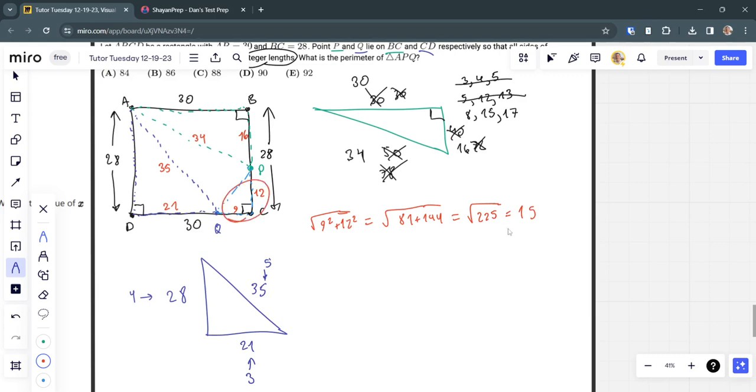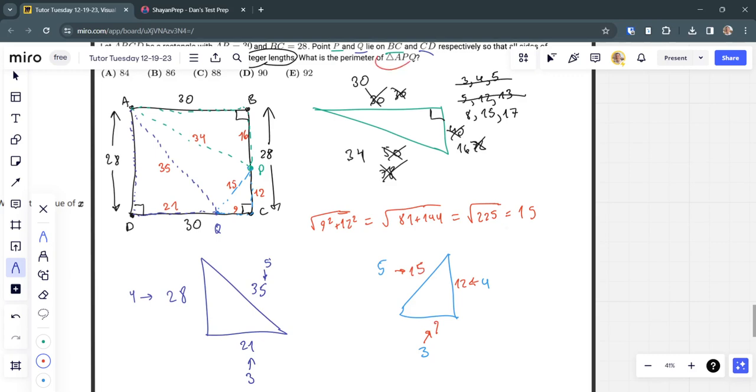You could also recognize that this is another 3, 4, 5 triangle. So let me draw it out. This is a 3, 4, 5 triangle, except the actual values correspond. This one corresponds to 12, so we multiply everything by 3. 3 goes to 9, 5 goes to 15. So this side length is 15.